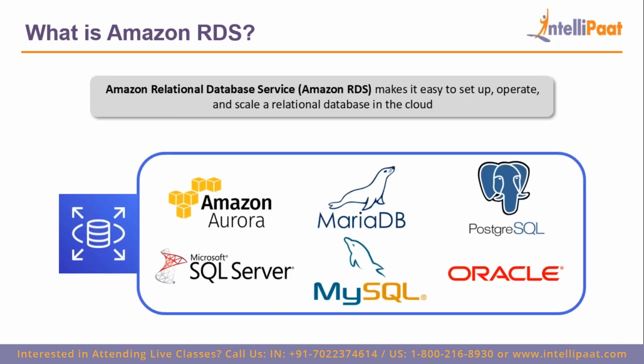So AWS RDS provides these 6 options for you to choose from. First is Amazon Aurora, and then MariaDB, PostgreSQL, Microsoft SQL Server, MySQL, and Oracle database. These 6 are the options which they provide. Amazon Aurora is a database service which is provided by AWS themselves. They manage it completely.